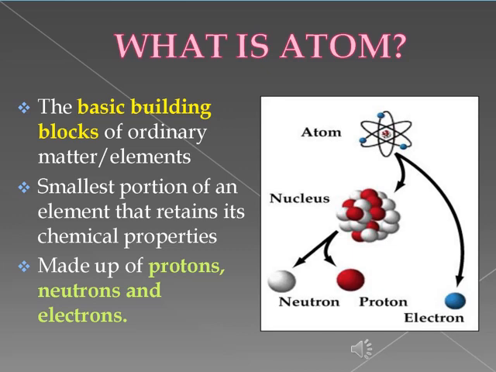For this one, I think it is not necessary for me to explain more about the atom because I guess you have learned this in your chemistry class. Basically, you have to know that an atom is the basic building block of ordinary matter or elements. And an atom is made up of protons, electrons, and neutrons.